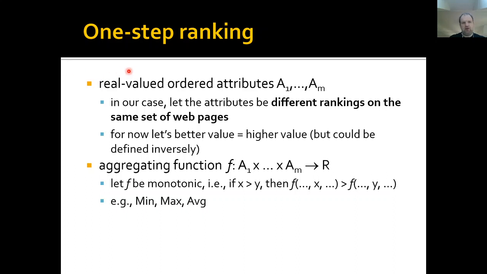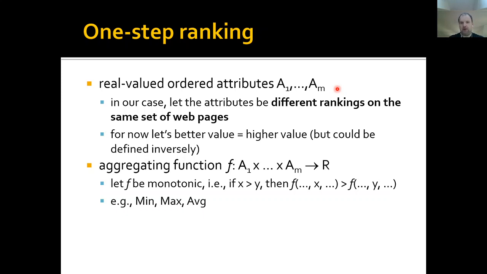So instead of ranking objectives or scores or partial rankings, we would have just real valued ordered attributes A1 to AM, and we will think about content entities as records in a table.